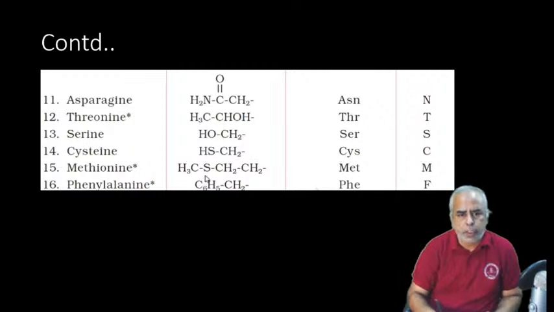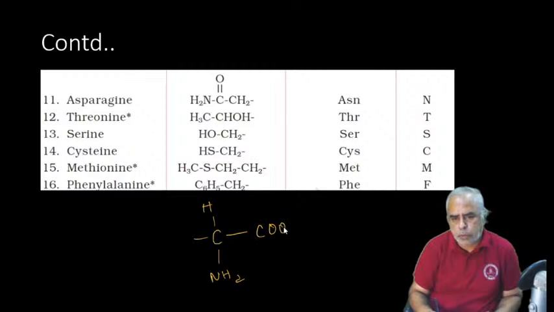We know already alanine. What is alanine? Let me try the structure. C, and this is H. So this is NH2, and this is COOH. Now when you put CH3, this is alanine. Now it is phenylalanine.